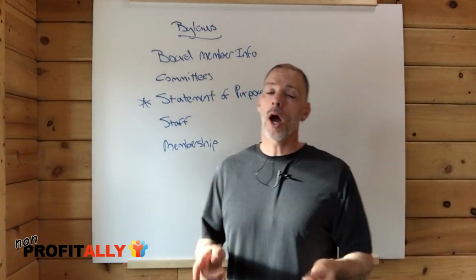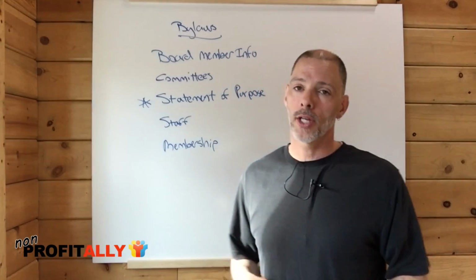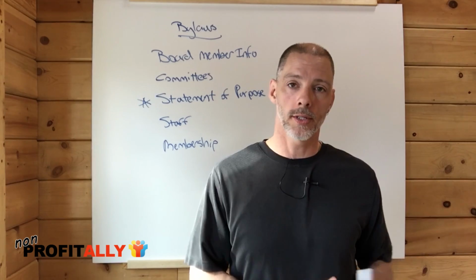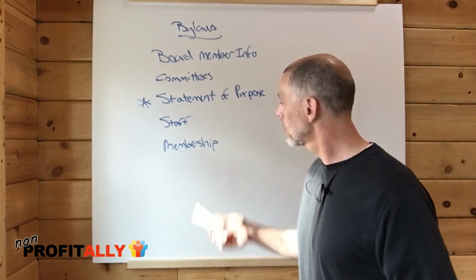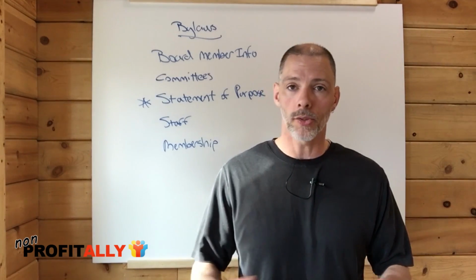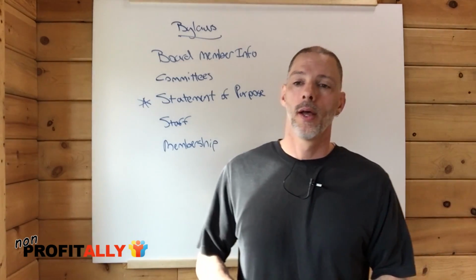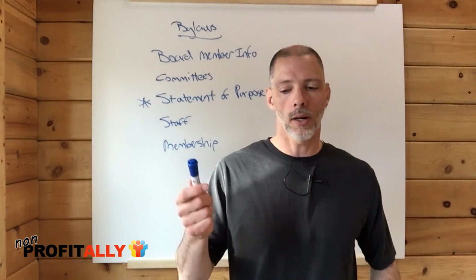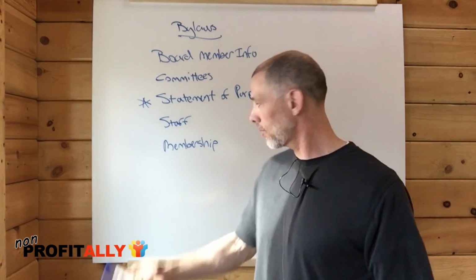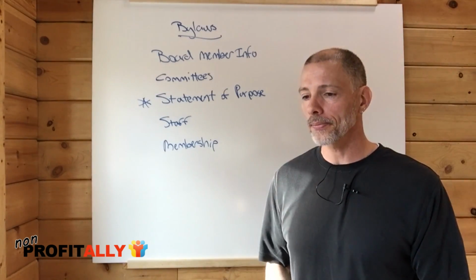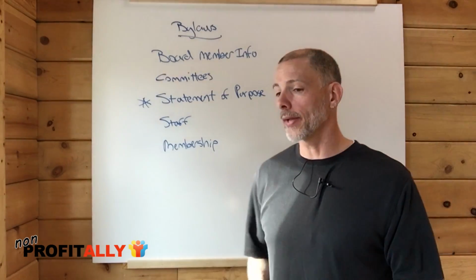Now, if you're not going to have a membership, it's still a good idea to put in your bylaws that you are not a member organization. Members, typically, their rights and privileges, they're going to be the ones who vote in your board members, right? They may have to approve any amendments to these bylaws. So members have a lot of rights and a lot of privileges, and if you have a membership, you need to make sure you put some of the details about that in your bylaws.